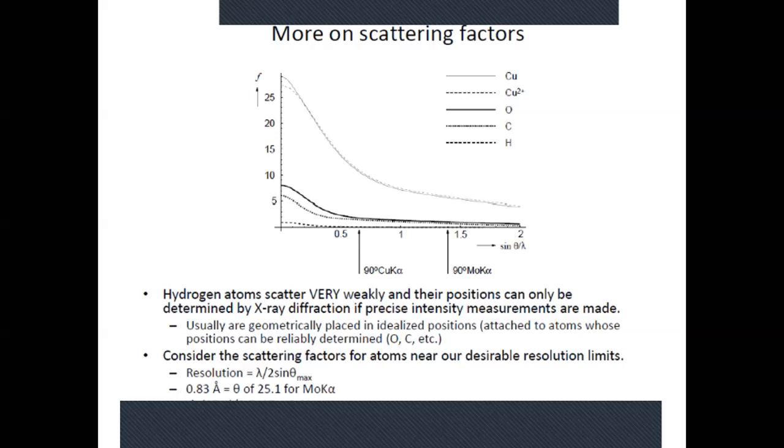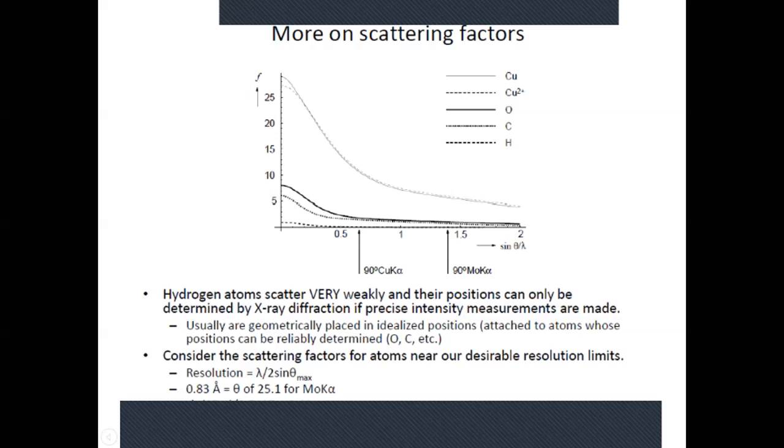Since they scatter more effectively, you don't need as much exposure. With molybdenum, it takes longer exposure time to generate the high angle data you need. So generally, the experiment with copper radiation is a lot faster.